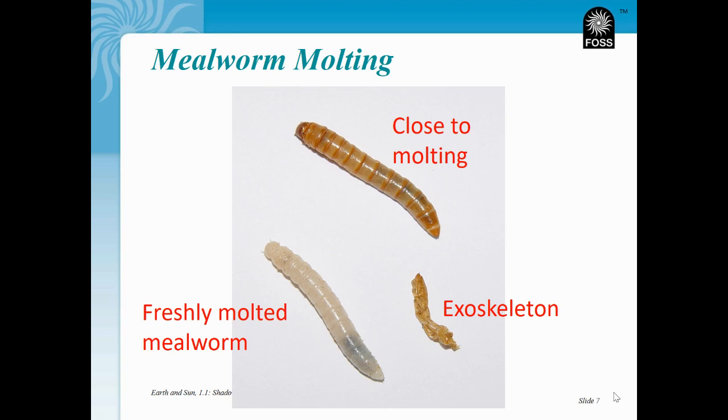And you will see that the outer layer will regrow and create a harder shell around it once again before it continues to molt. So this is what your mealworm will look like after it is freshly molted. It does not last long that it will stay this color, but if you are lucky enough to catch your mealworm just after it has molted, this is what it might look like.